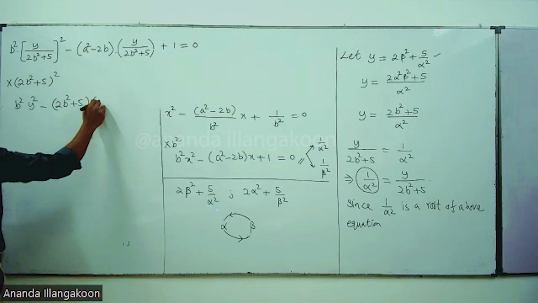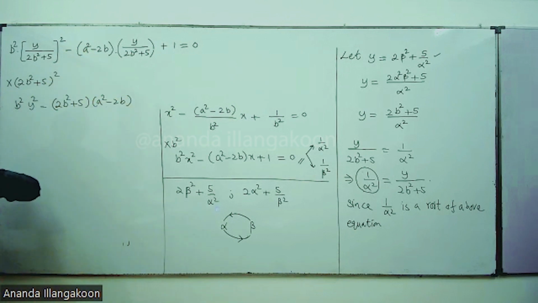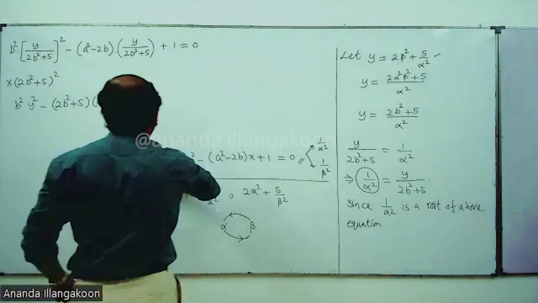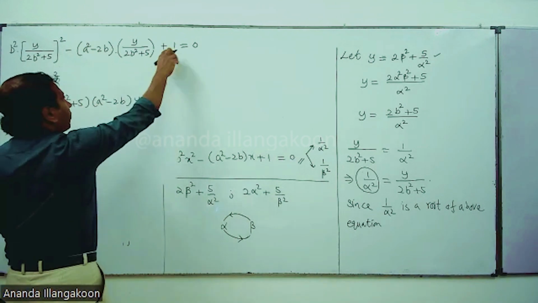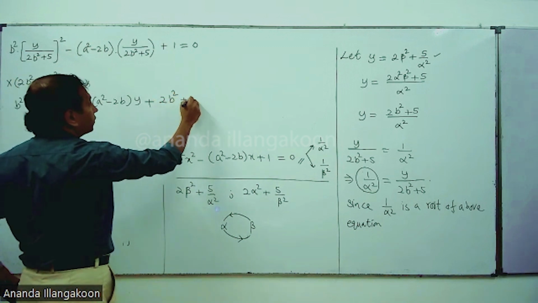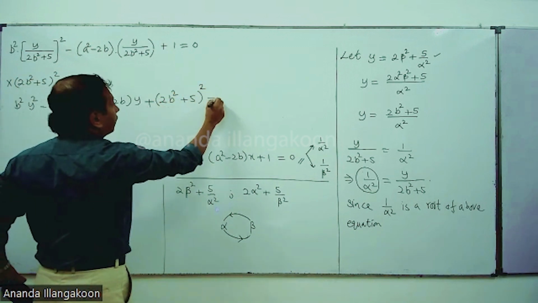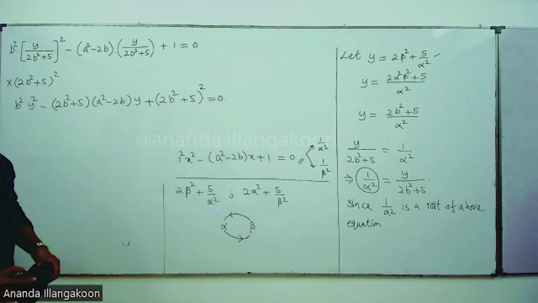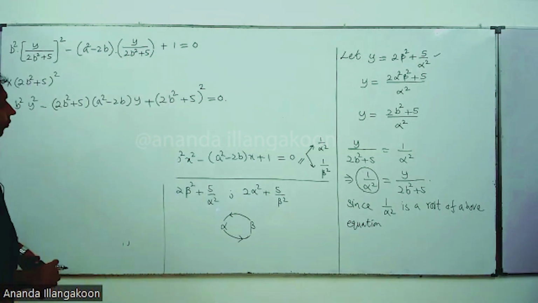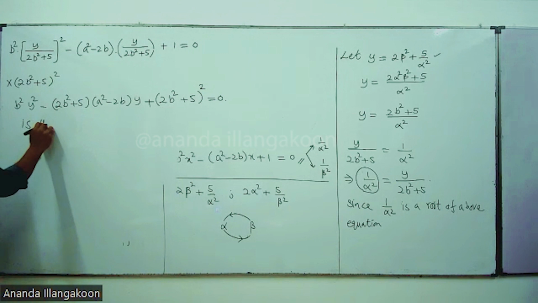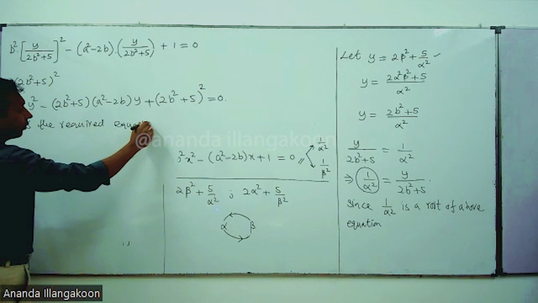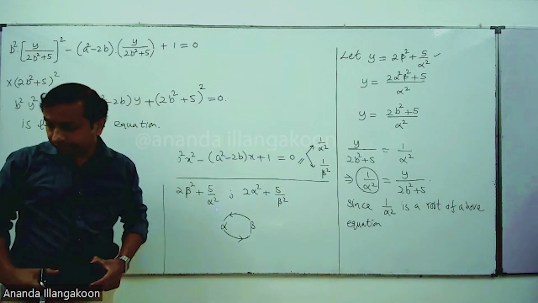The other one is this. And y. And this one, when you multiply by this, we get 2b squared plus 5 x squared equals 0. So this is our required equation. This is how we do that part.